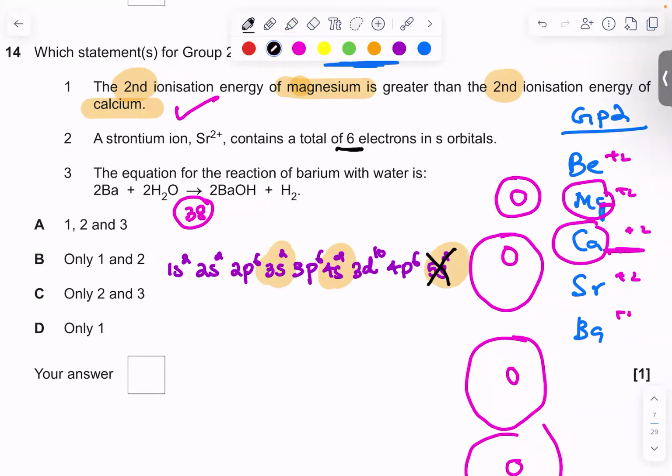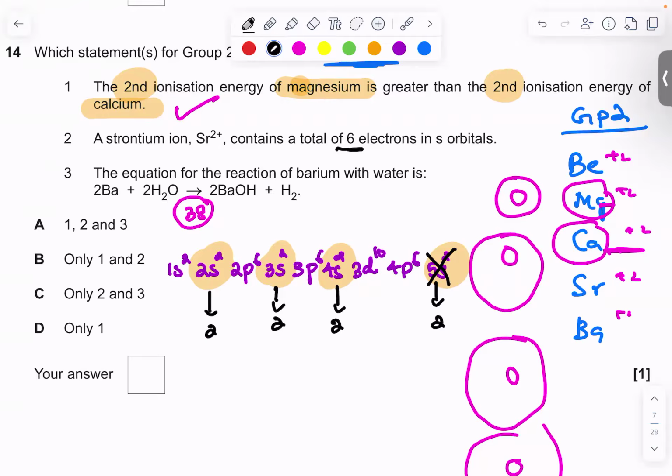So count them up: this is 2, this is 2, 4, then 2s2, so 2, 4, 6, and 8. Total 8.